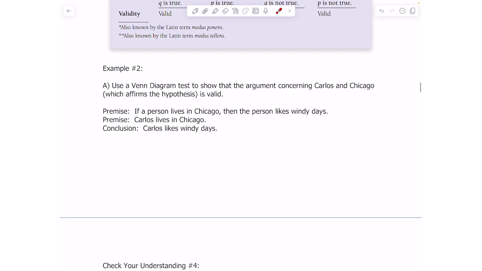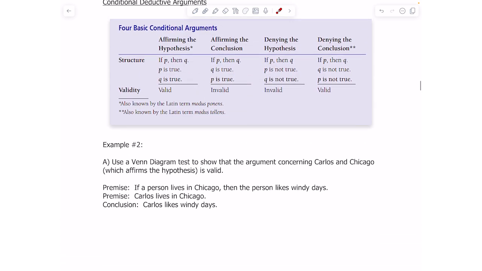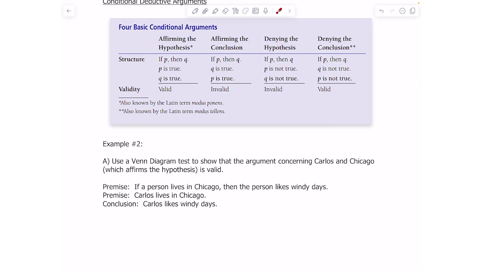Carlos likes windy days. Now, without even making a Venn diagram, if you look at the different conditional arguments and look at their structure, right? If I call this first part here P, so a person lives in Chicago, and then I call the second part Q, the person likes windy days, okay?